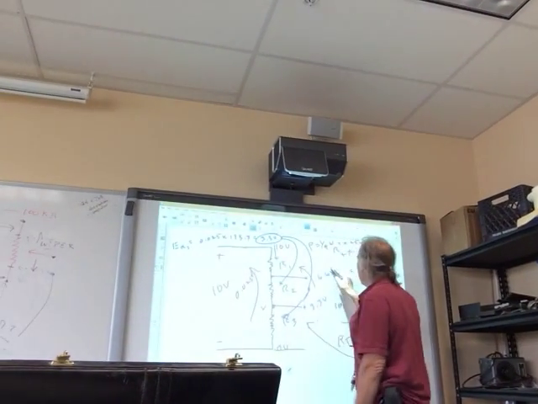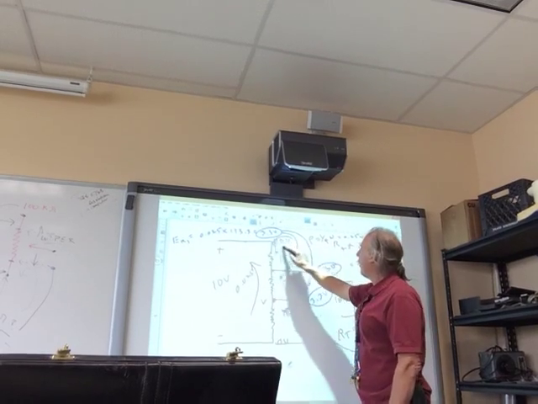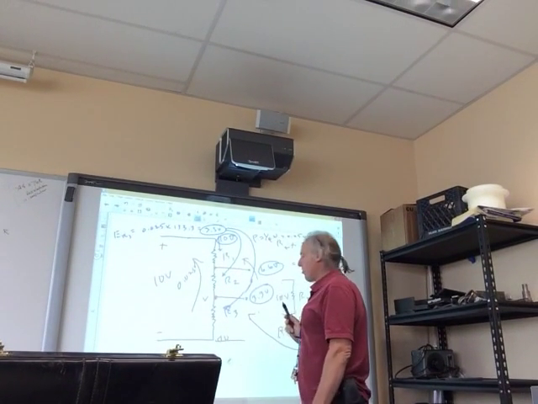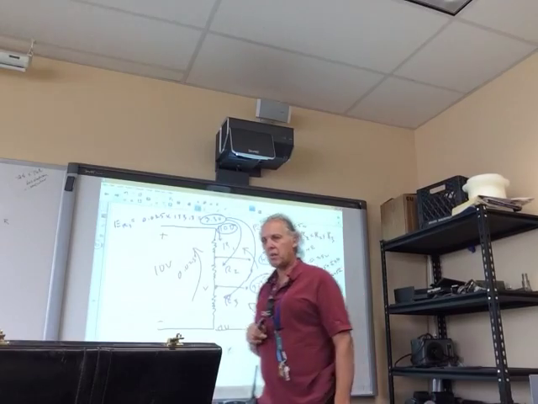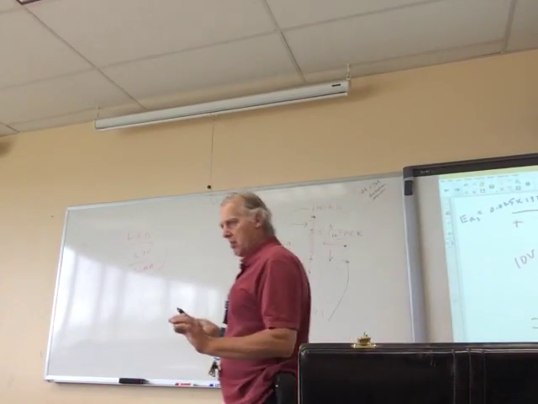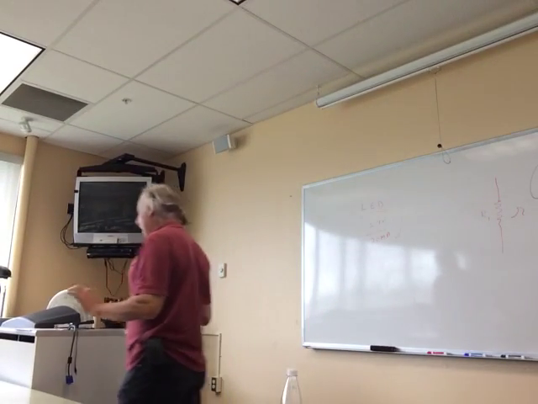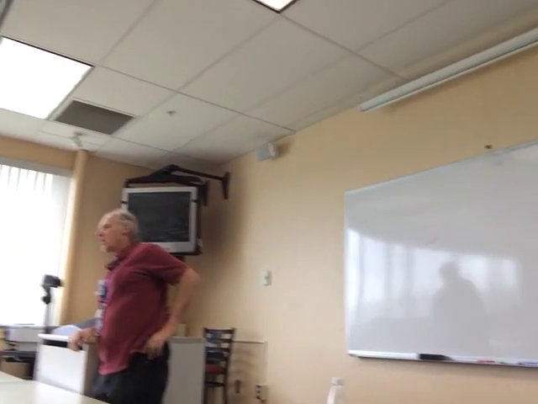All right? So now I can draw 10 volts, 6.6, or 3.3. And as long as I don't draw a lot of current, I'm okay. What happens if I start drawing some current?